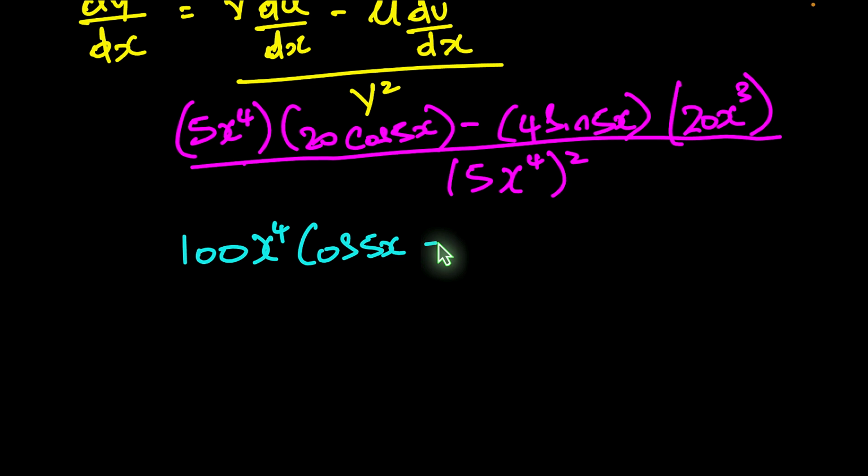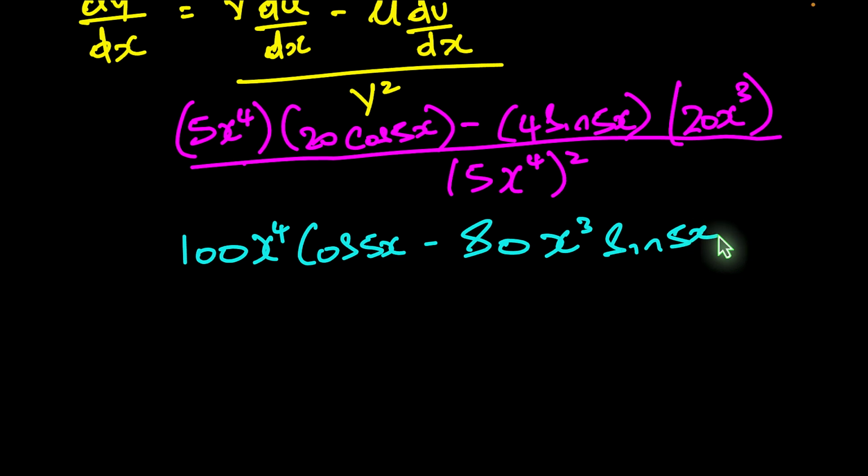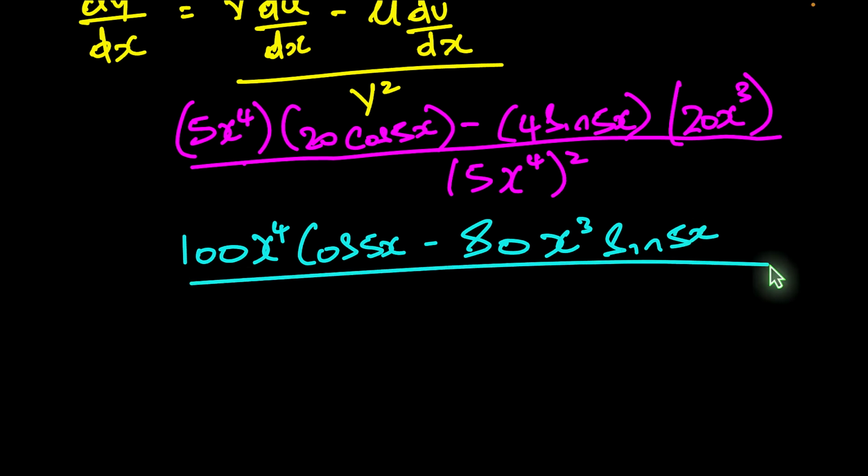The next term is 20x cubed multiplied by 4 sin 5x, and 20 times 4 is 80, and x to the power of 3 remains the same, sin 5x remains the same as well. And if we expand 5x to the power of 4 squared, then 5 squared gives us 25, and 4 times 2 is 8, so that gives us 25x to the power of 8.